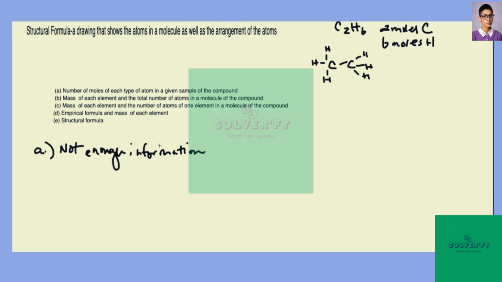If you have the mass of each element and the total number of atoms in a molecule of the compound, you can use this information to find the molecular formula. The first step is to take the mass of each element and change it to moles.